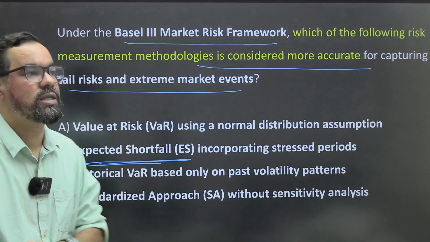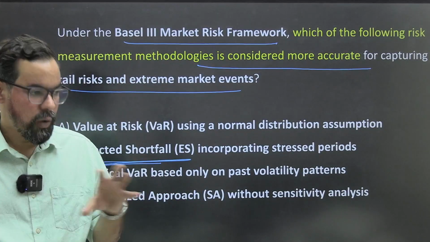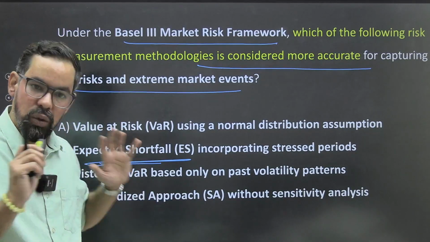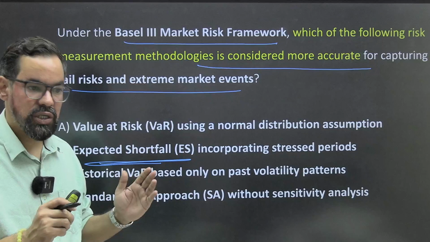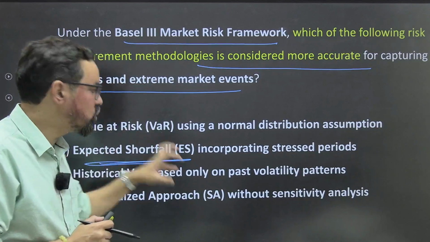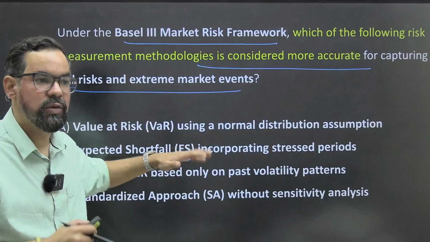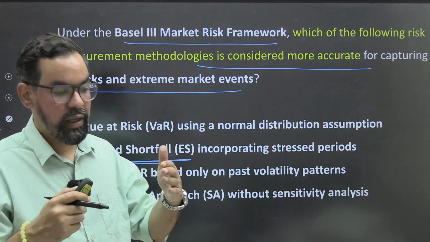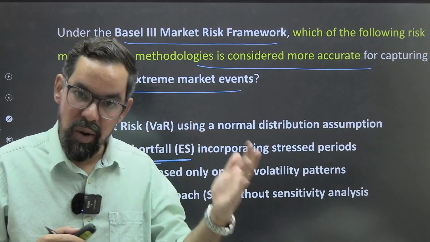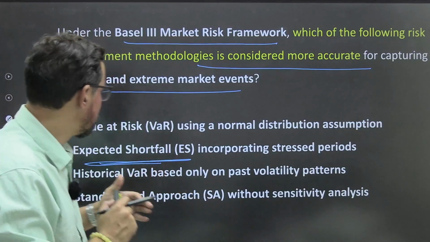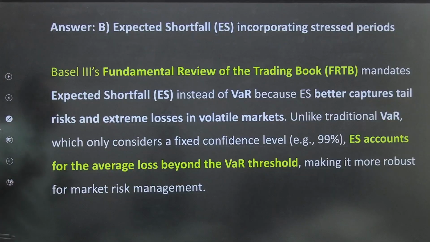The normal VAR is a good tool for normal market situations. Expected shortfall is also a VAR method itself, which generally accounts for abnormal market situations also, based on that VAR tool itself. So option B will be the right answer for this one.